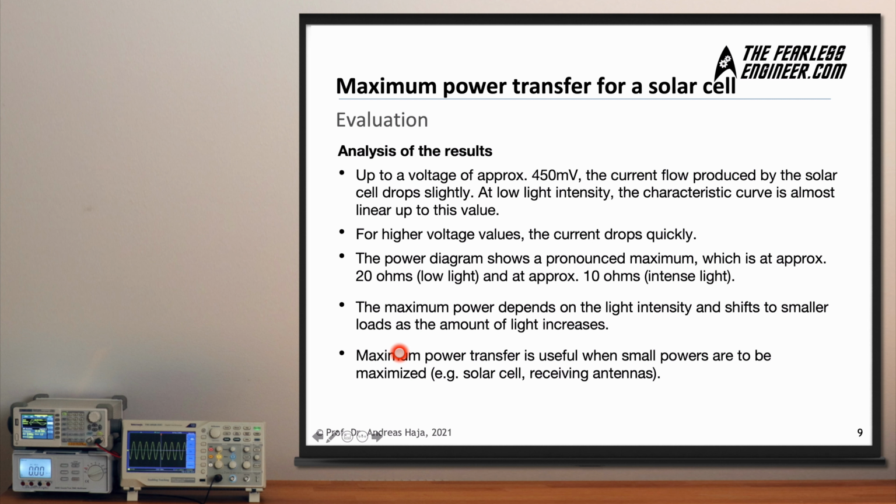And last point here, this concept of maximum power transfer is useful when small powers are to be maximized, which is the case for a solar cell where we want to maximize the yield, and also for receiving antennas where we want to get the most out of a very weak signal we might receive with the antenna.